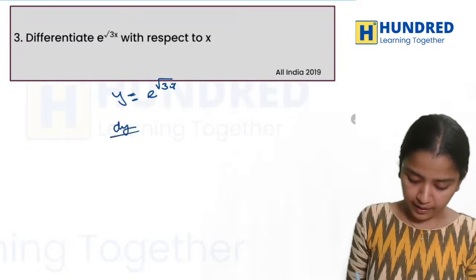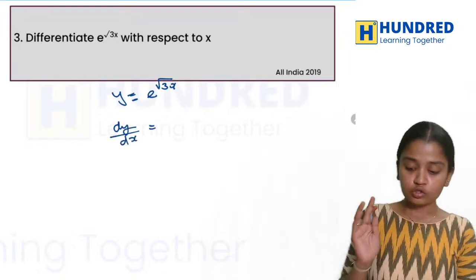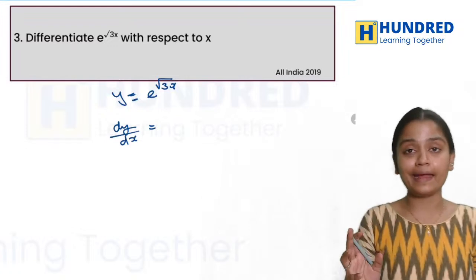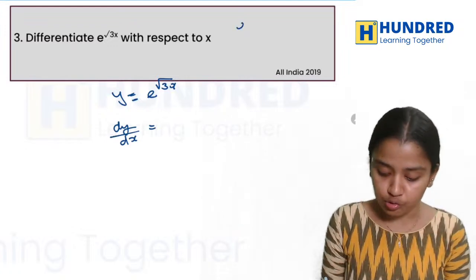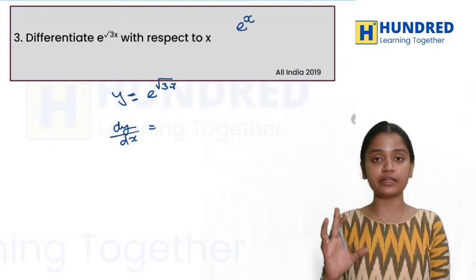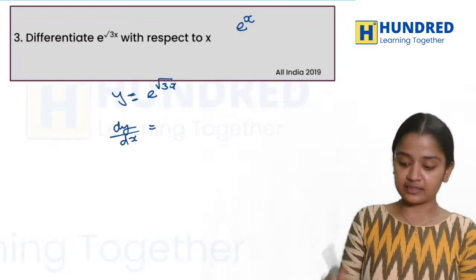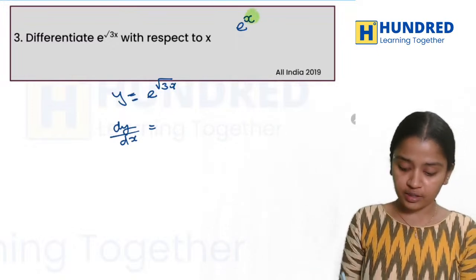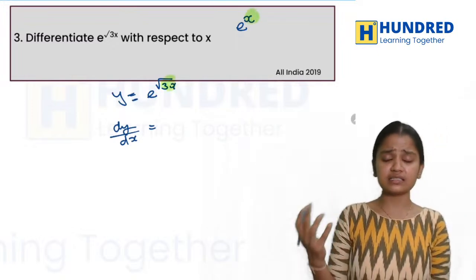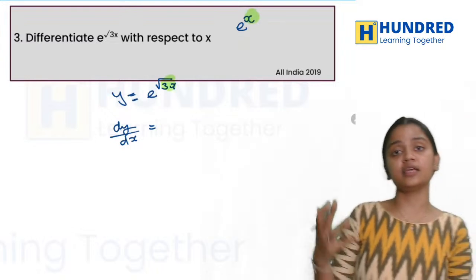dy by dx is equal to, generally you should use the chain rule. First you have to differentiate e power x, and instead of x you are having root 3x. Then again that thing you should differentiate.